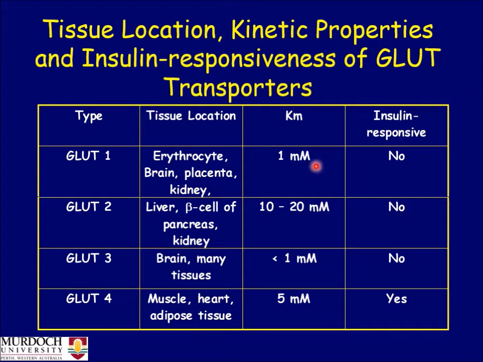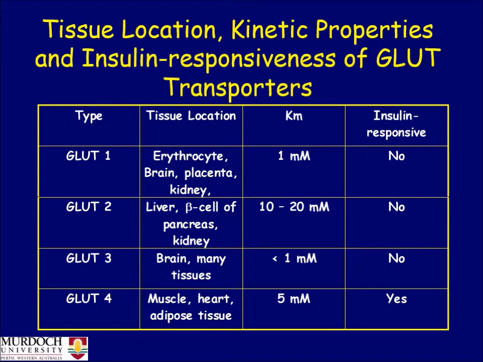Have a look at GLUT1 and GLUT3, for example. They've got really low Km values. By contrast, GLUT2, this one here, has an extraordinarily high Km value. And GLUT4, this one at the bottom, has a Km value that really matches the homeostatic concentrations of glucose quite well.